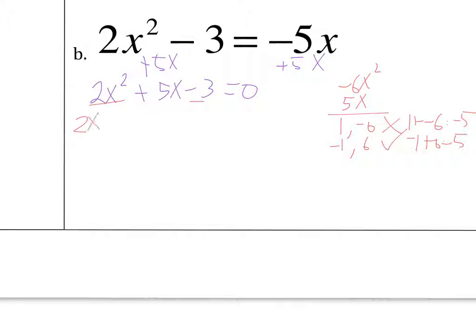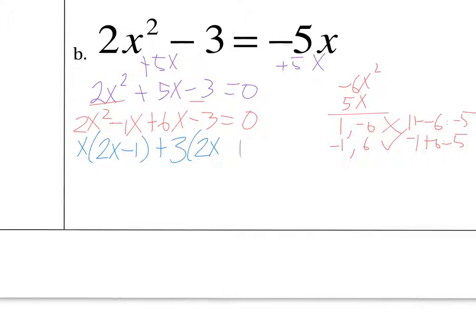Okay, 2x squared minus 1x plus 6x minus 3 is equal to 0. First two terms have just an x in common. I get 2x minus 1. Second two terms I can pull a 3 out of, and I get 2x minus 1. I have a 2x minus 1 in common now. And my leftovers are going to be x plus 3.